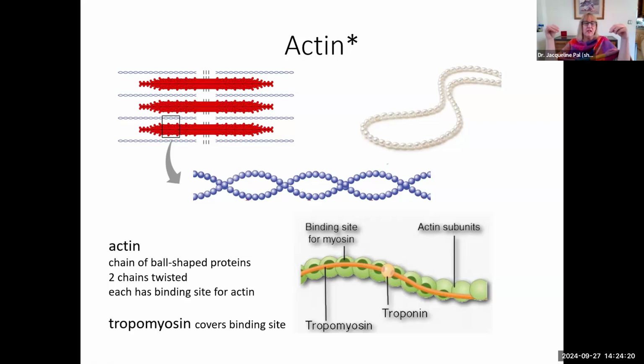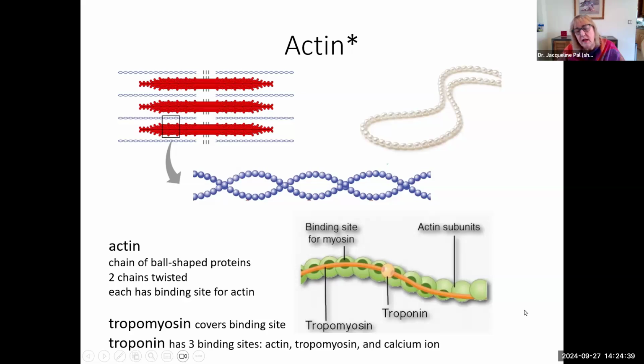Now, if we just had a chain of pearls and I just put a string across the top of it, what would happen? The string would hang down. So we have to have something to hold it into place. And the protein that holds it into place is a protein called troponin. And troponin is kind of like a Mercedes-Benz sign.